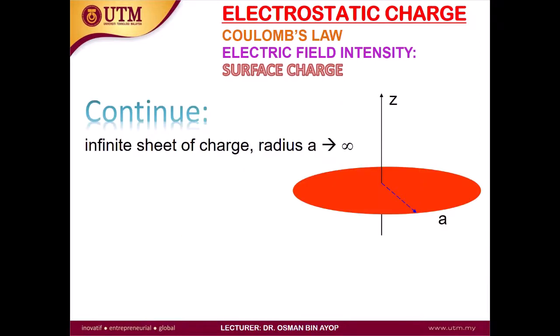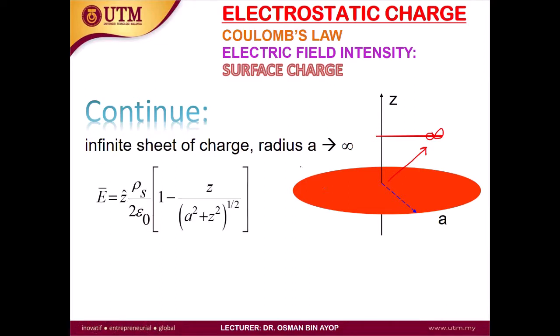Next, similarly, what happens if our sheet becomes very large? It is going to infinity. Very big. So what happened?